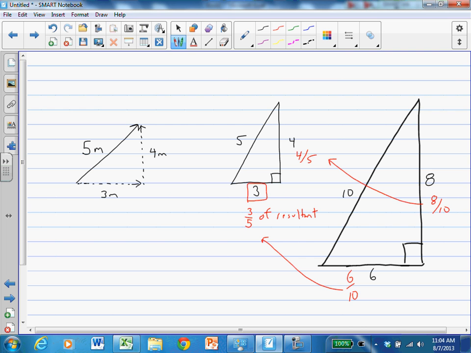So as long as the angles in it stay the same, this angle and this angle are the same as this angle and this angle, and of course the 90 degrees one as well. If the angles stay the same, no matter what the size, little teeny or large, we still have the same ratios.